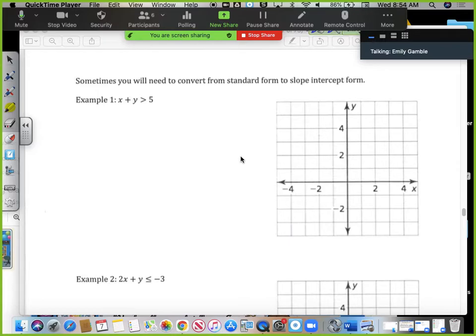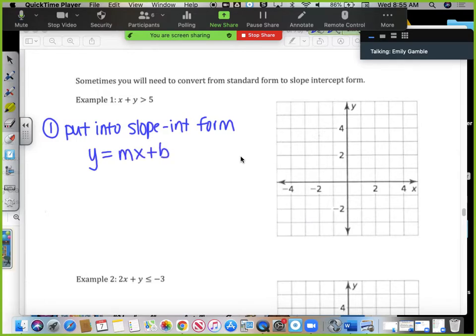So in order to graph this, the first thing that we need to do, step 1, is put it into slope-intercept form. So it's been a while since we've looked at slope-intercept form. Remember, slope-intercept form is y equals mx plus b if we're looking at an equation form of it. Basically, it just takes the equation or inequality and it needs to be solved for y.